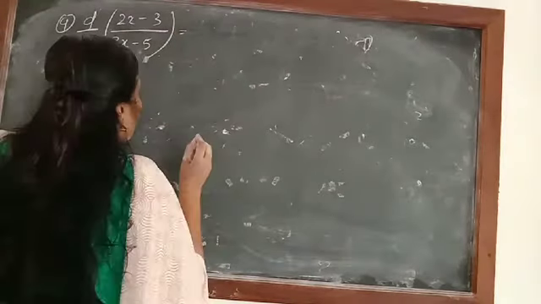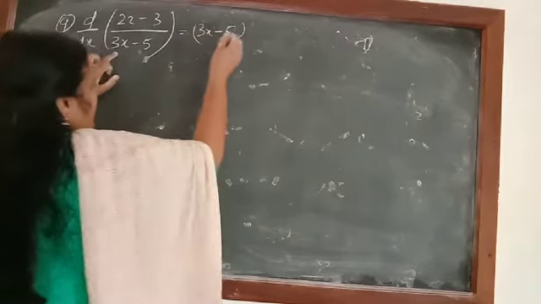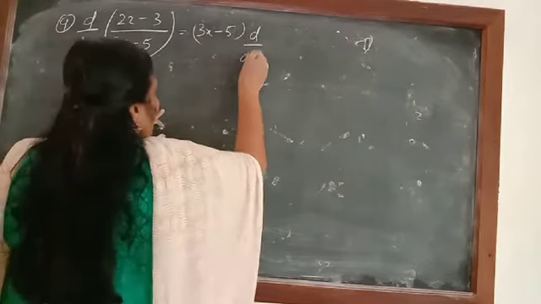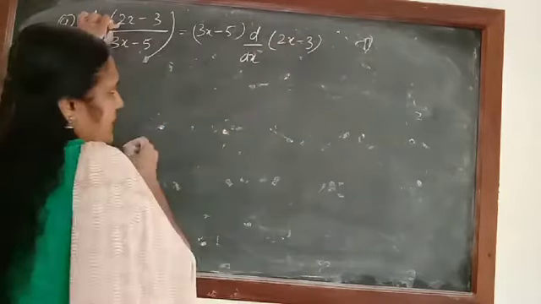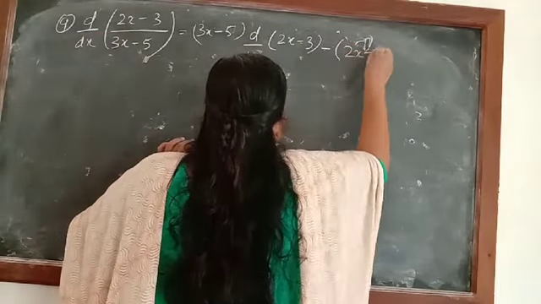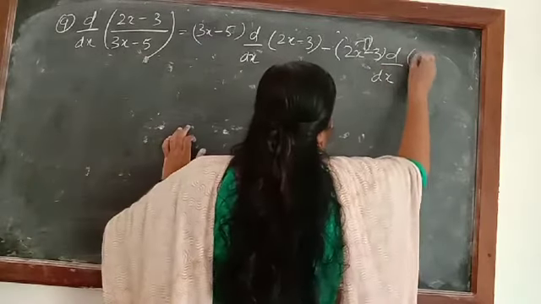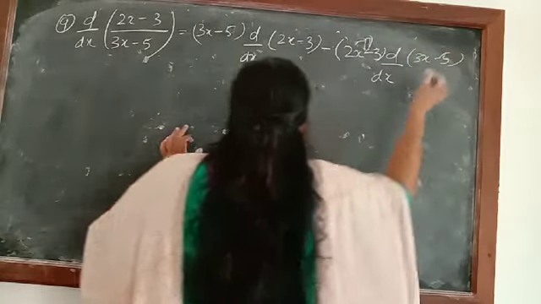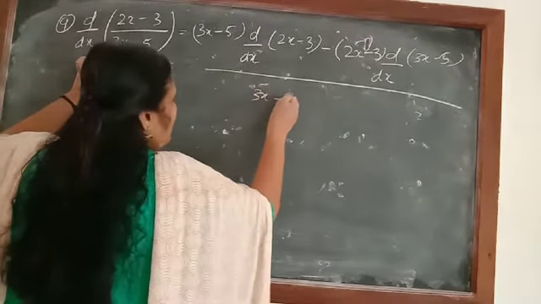So according to the formula, the denominator, that is 3x minus 5, into d by dx of the numerator 2x minus 3. Then minus the numerator 2x minus 3 into d by dx of the denominator 3x minus 5, whole divided by the denominator the whole square.